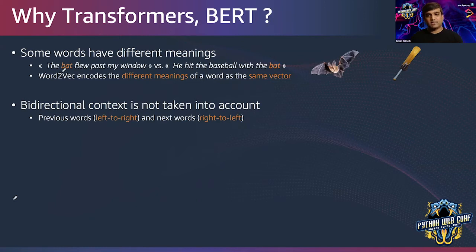But now, let's say I say, "You did well, but others in the team did much better than you, so I'm not very happy with you." Now this sentence has a negative sentiment.